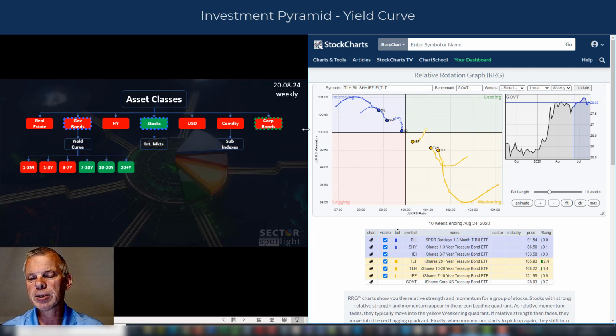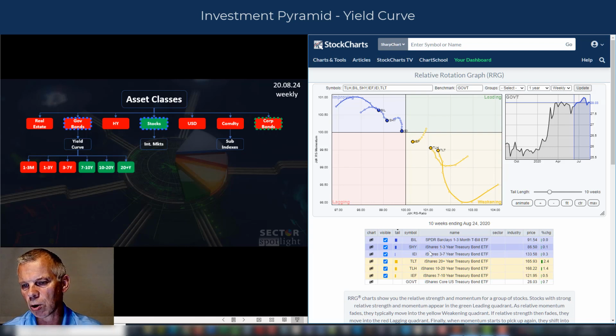What we see here on the left hand side, inside the improving quadrant, are all the shorter dated maturities. So BIL, SHY and IEI are the shorter dated maturities, and they are rolling over, which means that shorter term bond prices are dropping, which means that shorter term yields are rising.